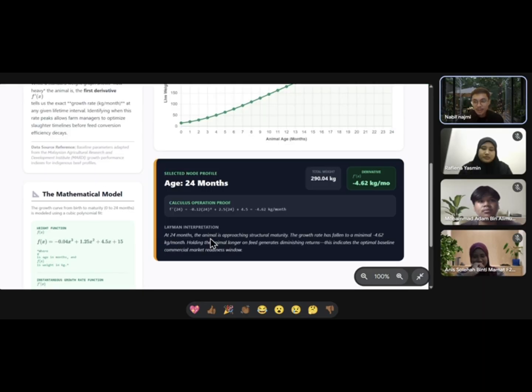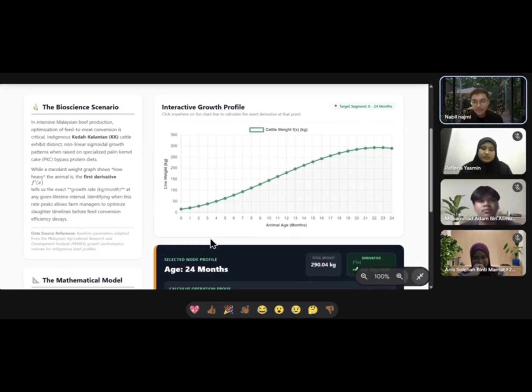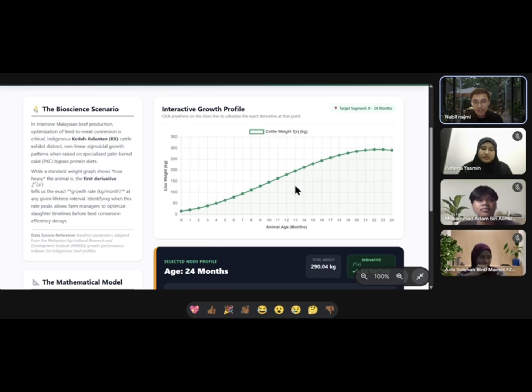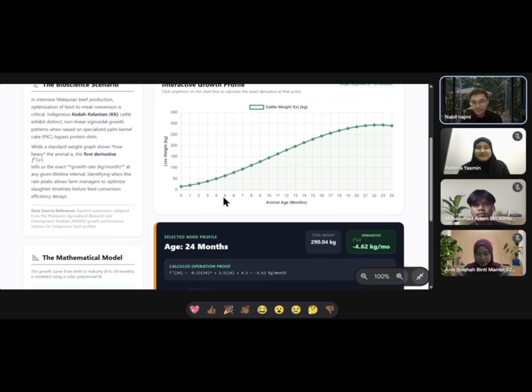Okay. Next, these are the points of the graph. The weight function shows the relationship between the age and the body weight of the cattle, whereas the marginal growth rate, which is the first derivative, is used to determine how quickly the cattle's weight increases at a specific time.